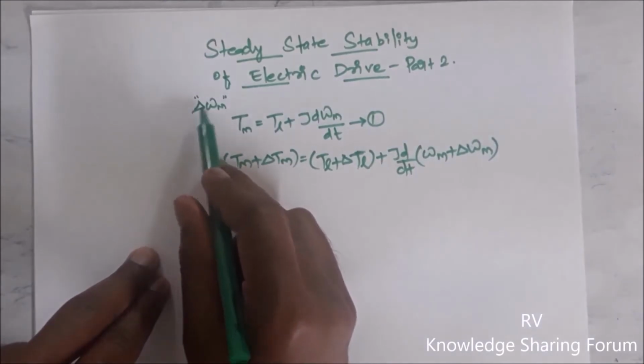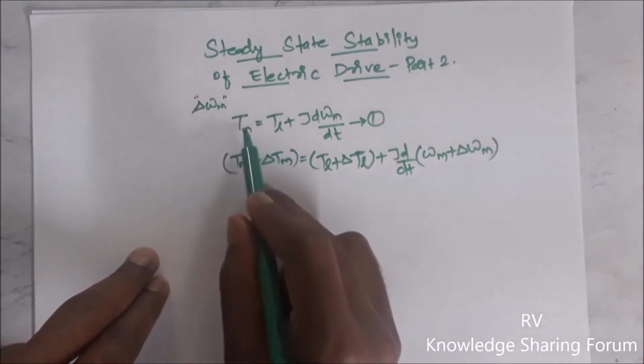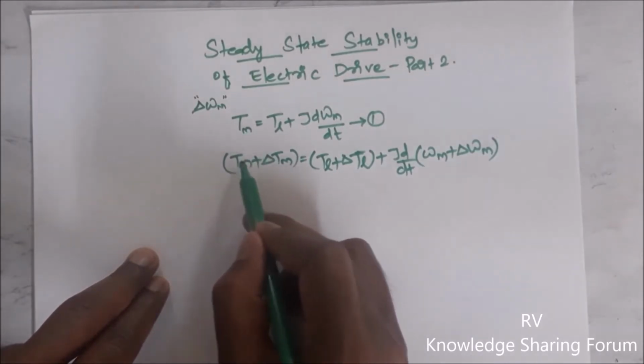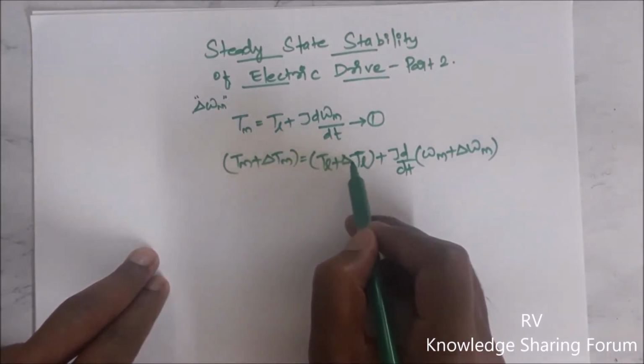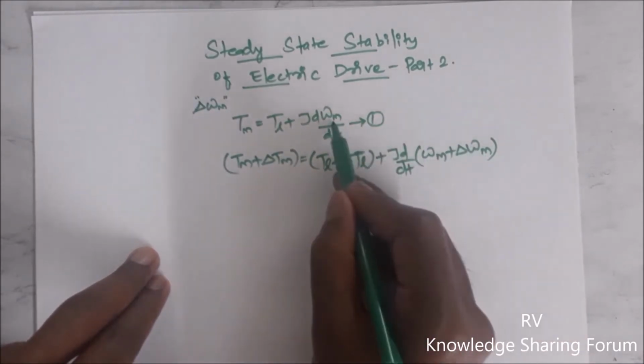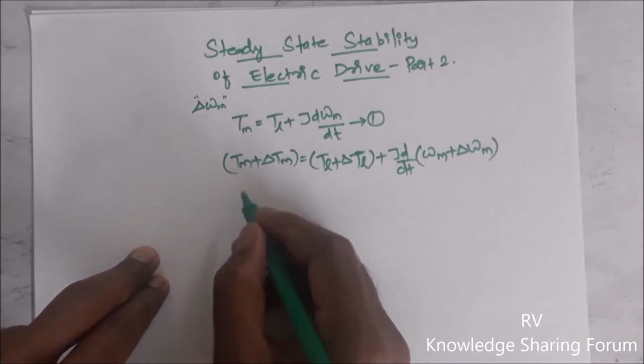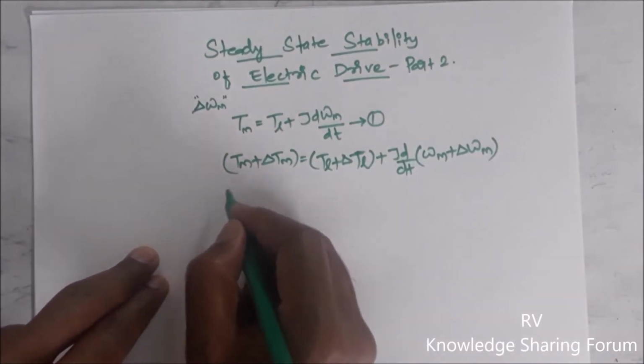Since you are increasing the speed by delta omega m, there is a small increment in the torque, delta Tm, in this term, a small increment delta TL in this term, and delta omega m in this term. Now, let us expand this equation.